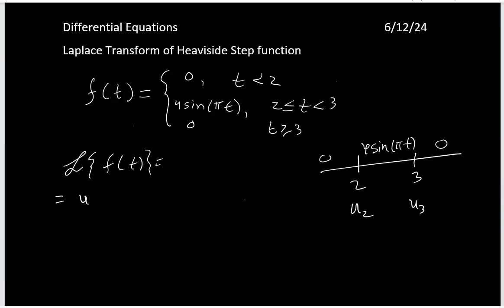So we write this one as u2 multiplied with 4 sine pi t, plus u3 multiplied by 0 minus, so negative 4 sine pi t. Okay, so that we have found.